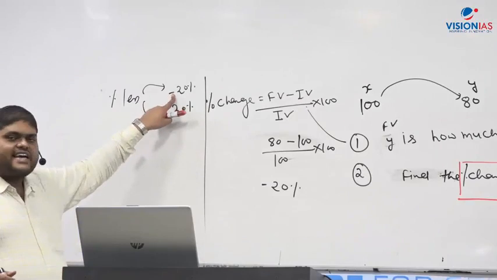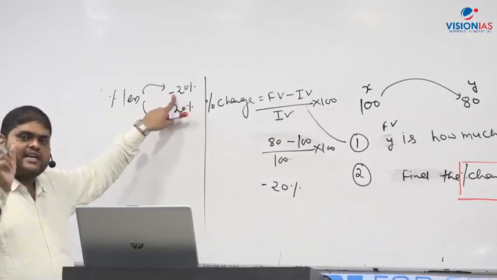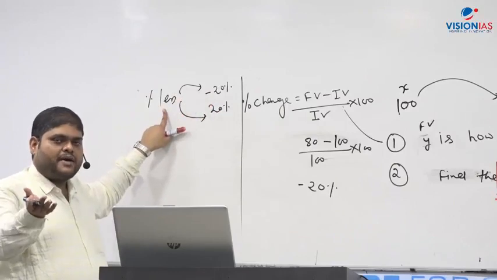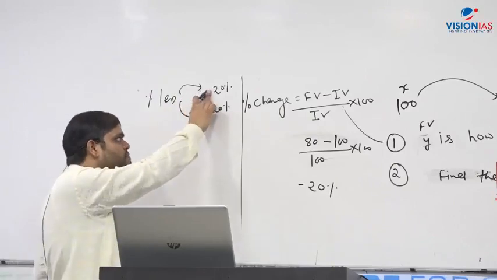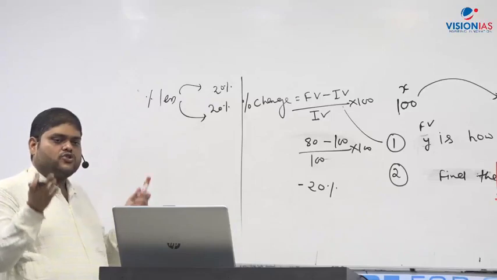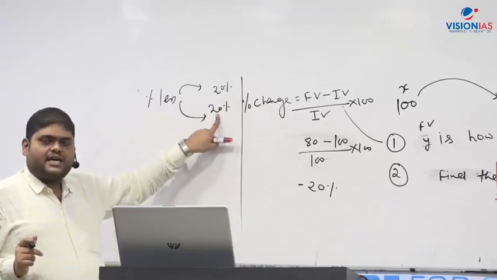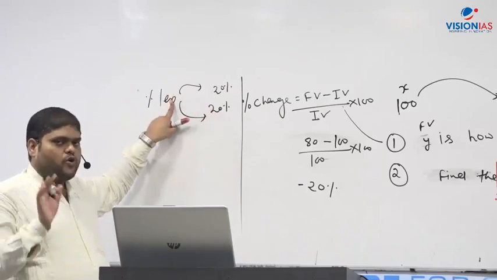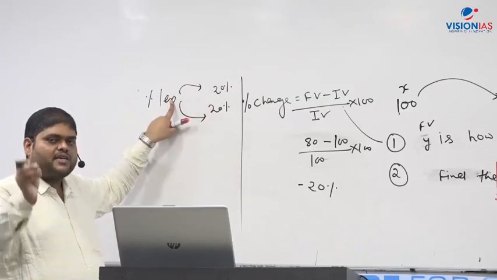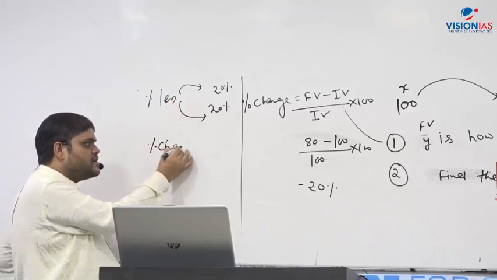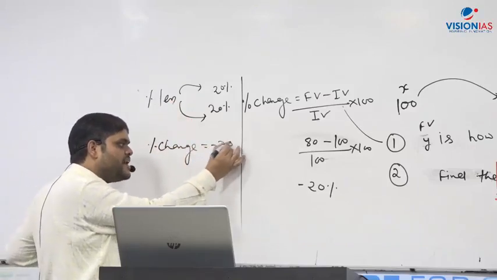What is this minus sign showing? Minus sign is showing decrement. And the question itself is asking decrement, so there is no meaning of this minus here. So the answer will be 20, because we know that there is a 20% decrement, subtraction of 20%. But when we are asking change, then the answer will be minus 20%.